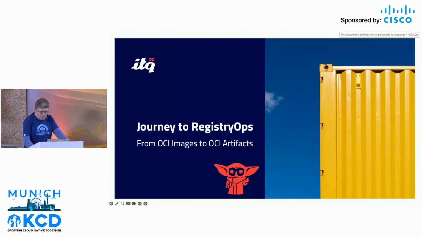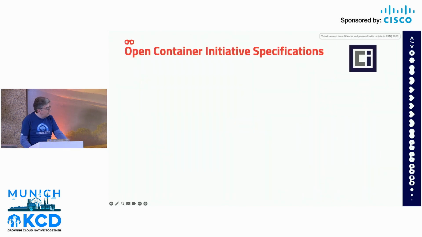Let's see how. But first, before going through how to replace a Git server with an OCI repository, let's see what an OCI registry is and what registry means for the OCI specification. The OCI specifications are defined in three main specifications.